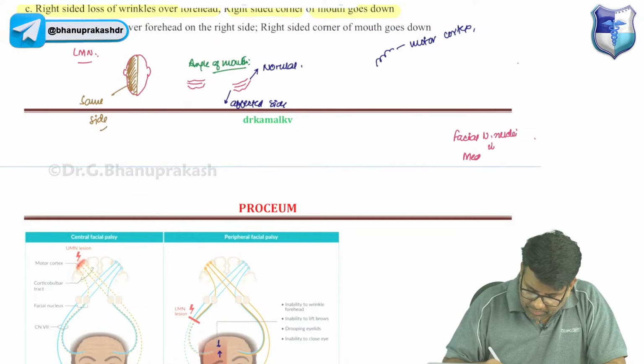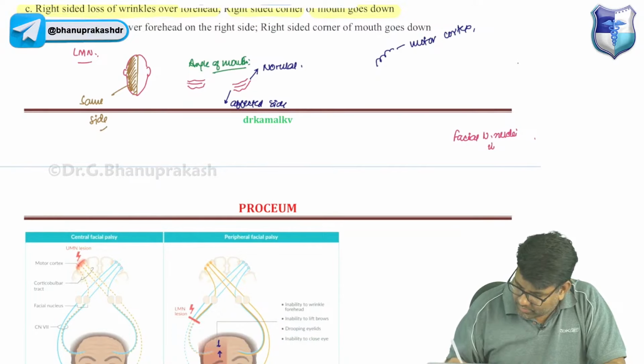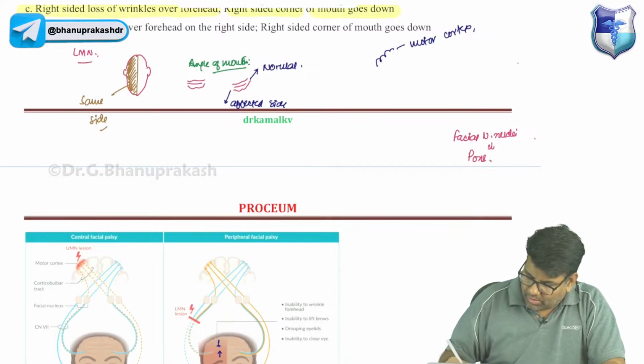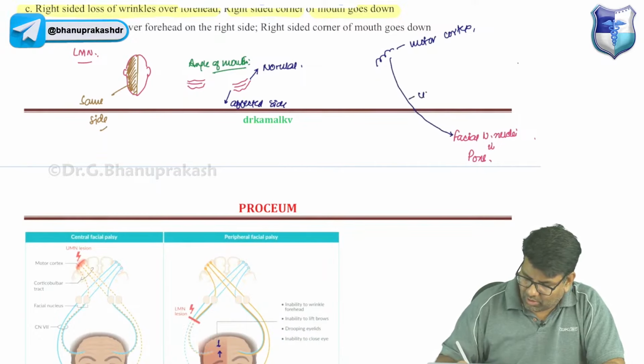And the fibers which are coming from the motor cortex to the facial nerve nuclei, these are all upper motor neuron.